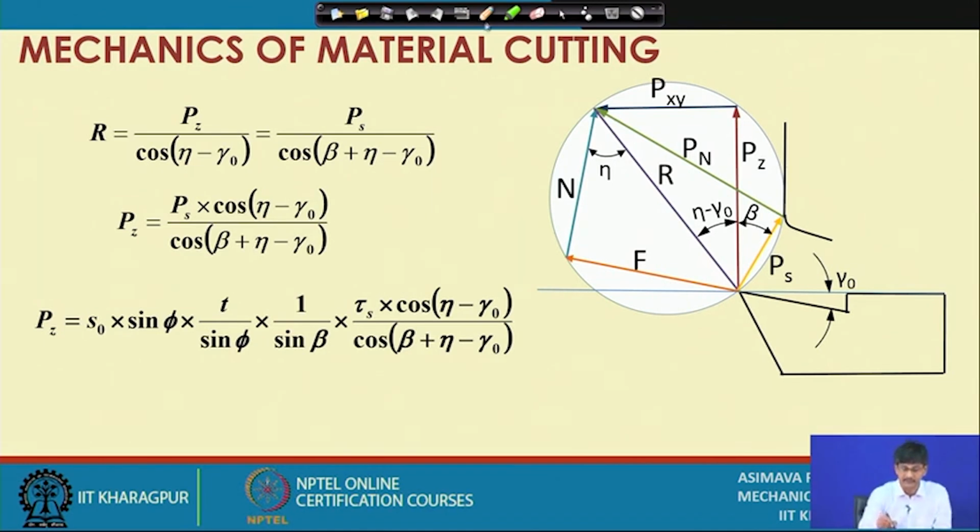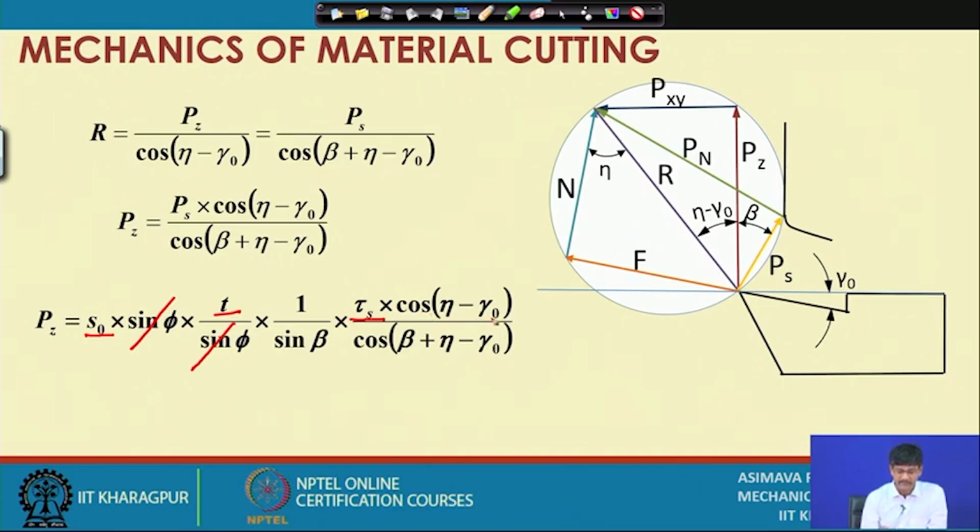Let me just do it here itself, that is, this we can cancel out. So, that we have S 0 into T into tau s into all these trigonometric functions: sin beta, cos(beta plus eta minus gamma 0) and cos(eta minus gamma 0).